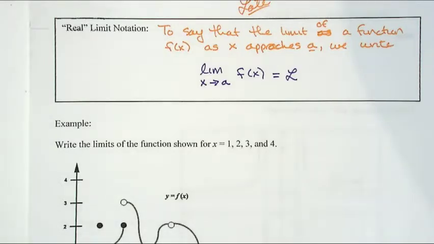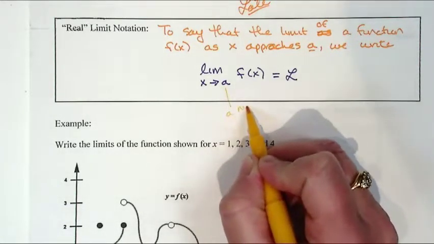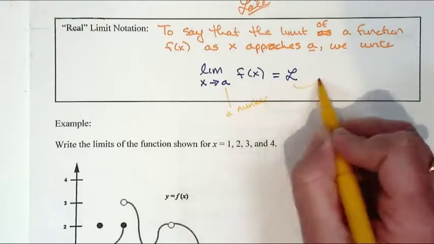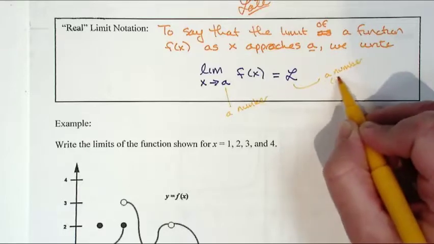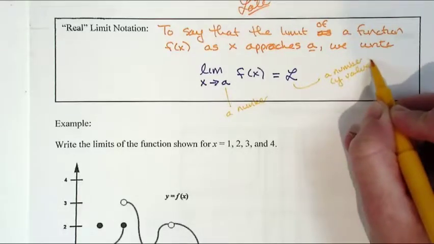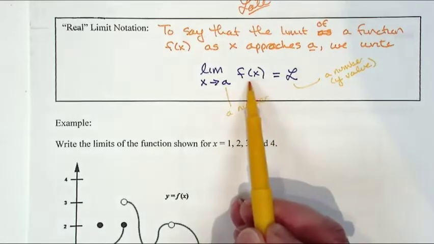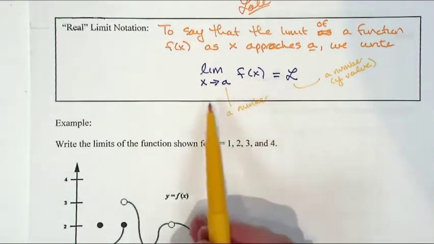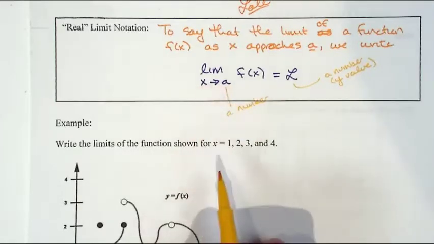Just for a second. So a is a number, L is a number, and it's a y value. And the rest of the notation tells us what function we're working with and where the independent variable is going, right?